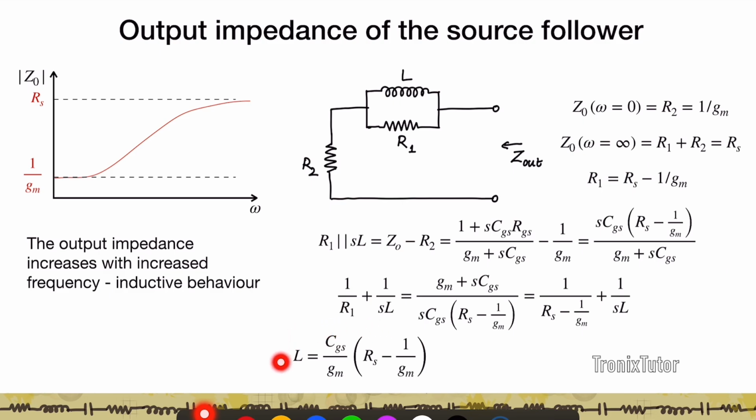This inductance simulated is proportional to CGS, inversely proportional to gm, and driven by this expression, RS minus 1/gm. So the source follower is interesting from the point of view that it not only finds uses as an output stage, it finds uses in a lot of these other circuits which utilize its property of either negative resistance or its inductive properties to create interesting circuits.